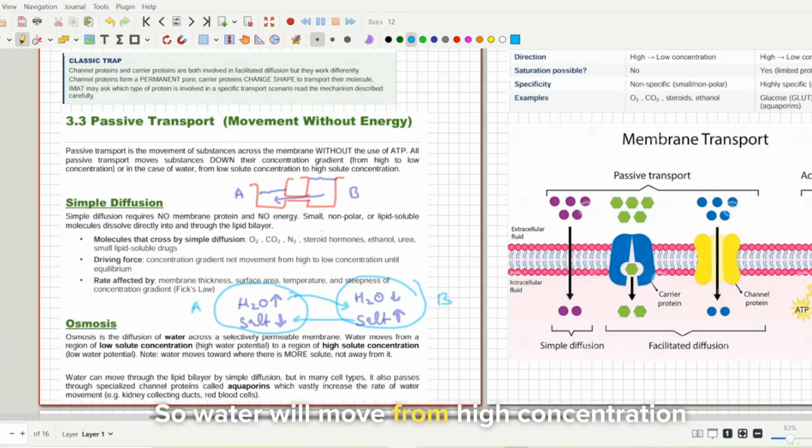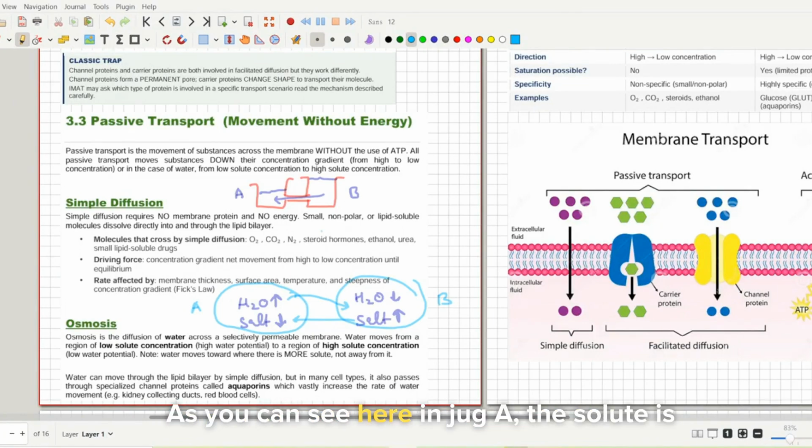So water will move from high concentration to low concentration. Water is the solvent, so the solvent will move from high concentration to low concentration. And salt will also move from high concentration to low concentration. But the definition written here is that water will move from low solute concentration to high solute concentration.